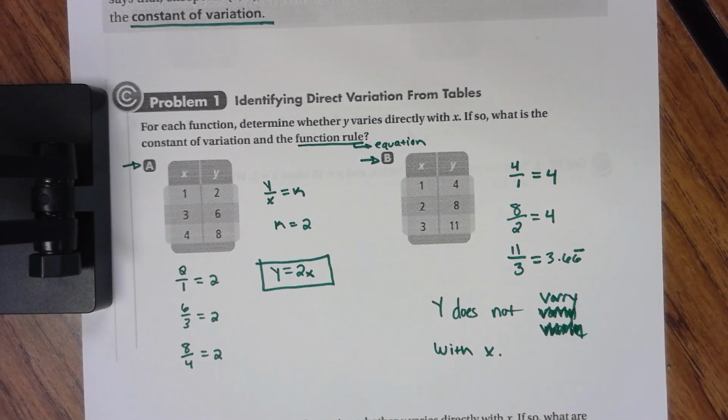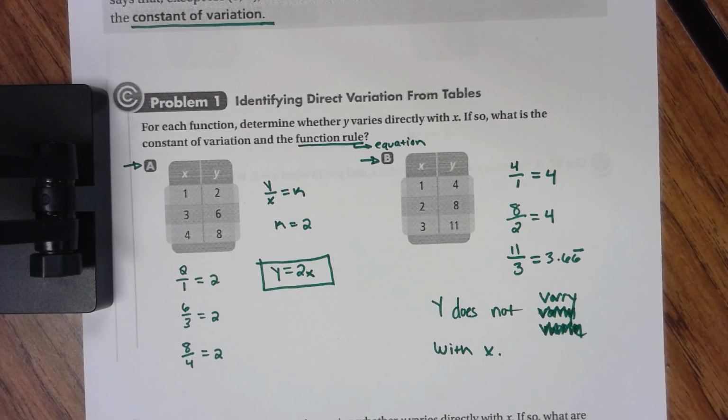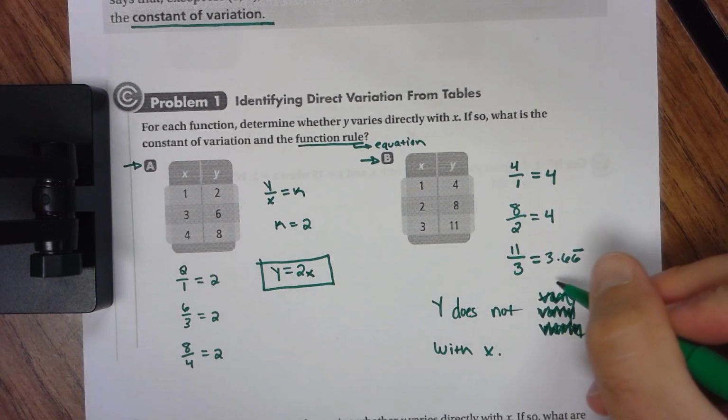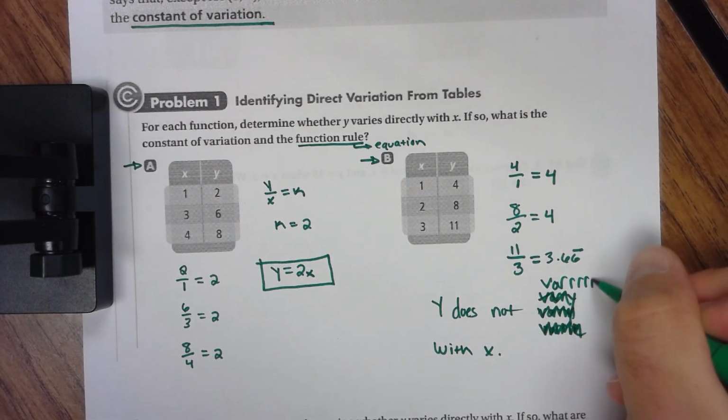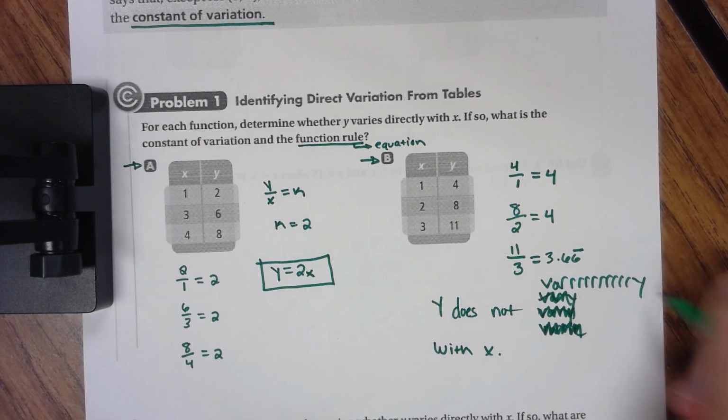Exactly. V-A-R-Y. The I-E didn't look right. But the Y doesn't look right either. One R? How about with 6 R's? There we go. Y does not vary with x. We get the point. Okay?